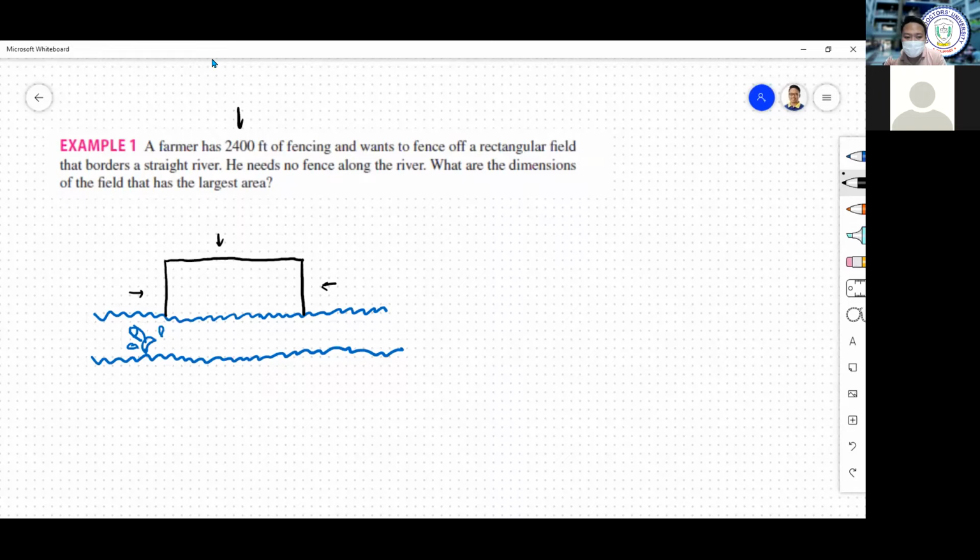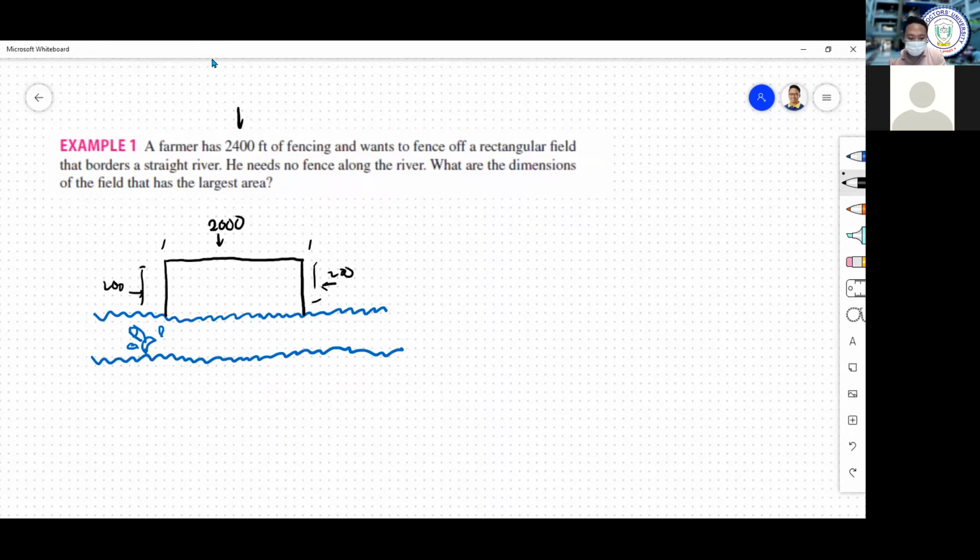You can divide it in different ways. Let's say, for example, I don't have my calculator, 2,000 here and 200 on each side. That's one possible way.